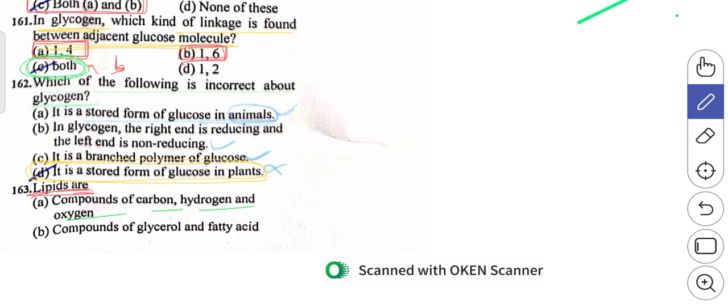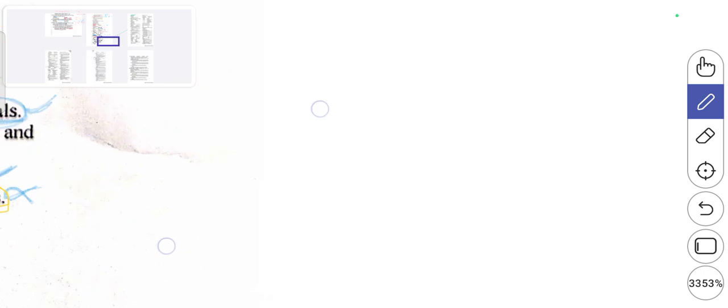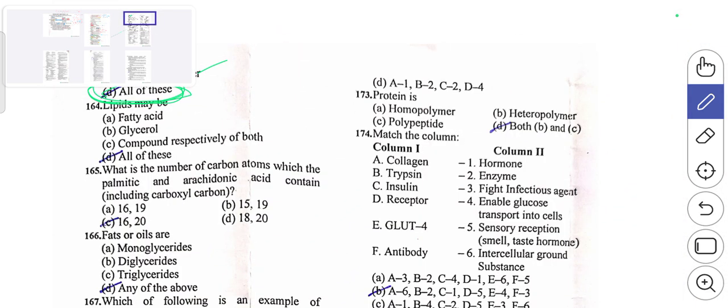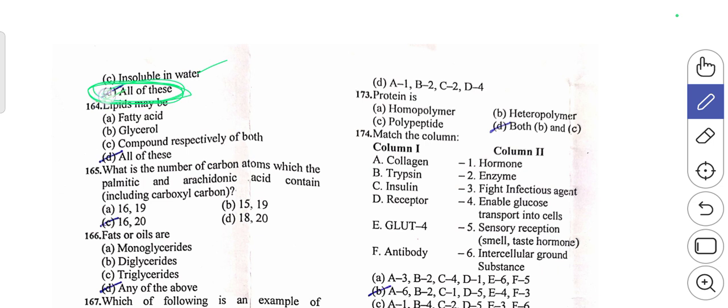Here lipid is formed by these carbon, hydrogen and oxygen. So this is right. The second statement they have given, compounds of glycerol and fatty acid, is also true, as a lipid contains glycerol and fatty acid. So hence the answer is all of these.